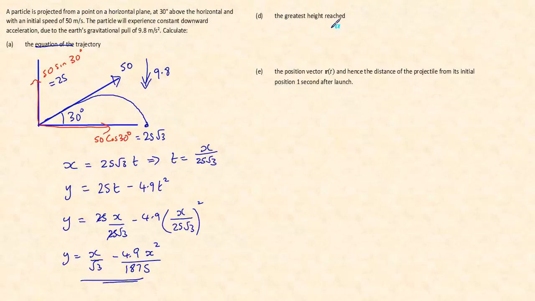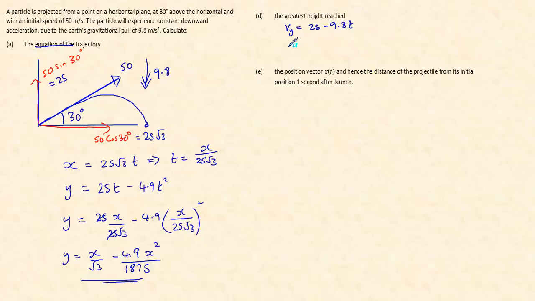We now want the greatest height reached. Now if we think about the velocity in the y direction, we can get that by differentiating this. So that's going to be 25 take away 9.8 t. Of course we could have used v equals u plus at as well.